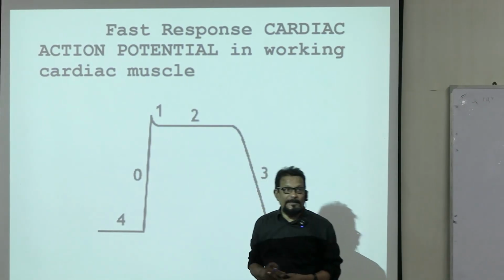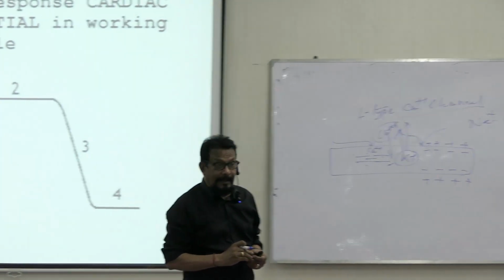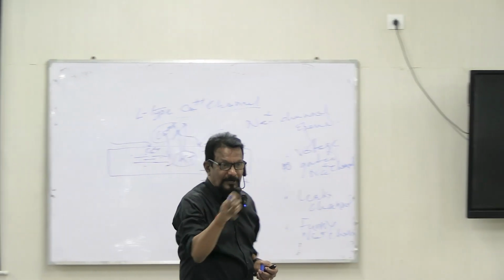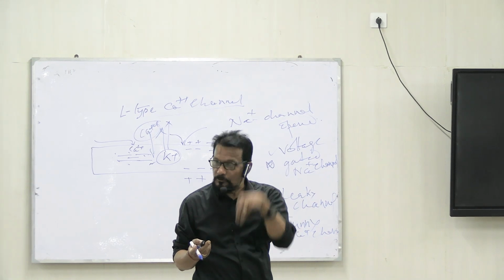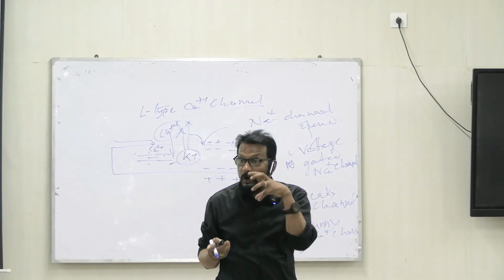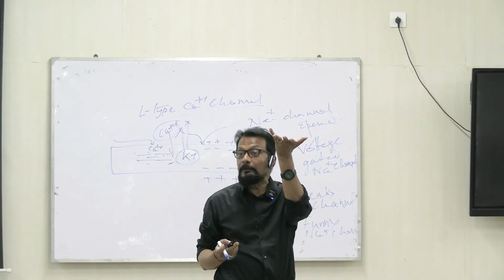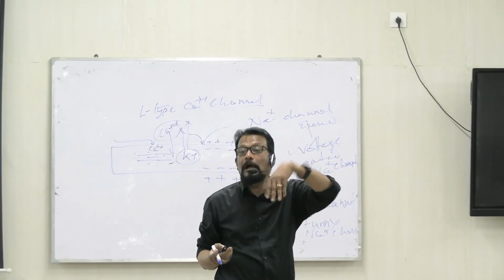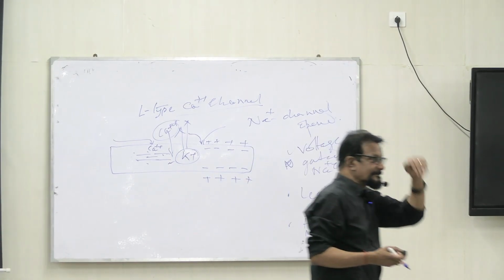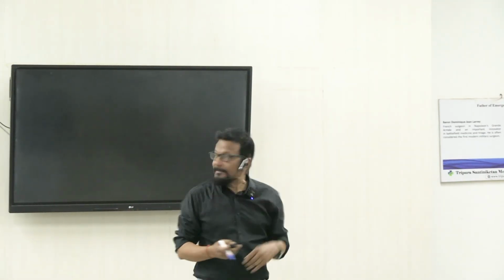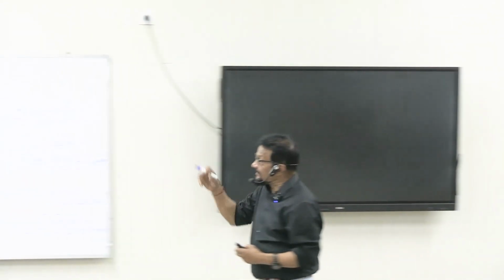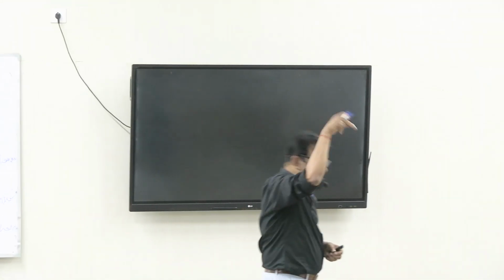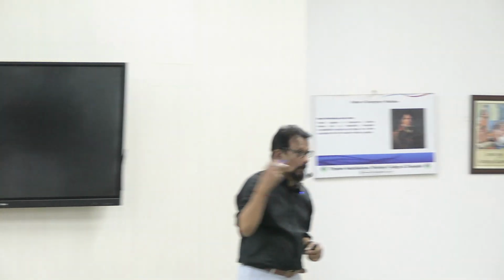Thereafter, what happens at this phase? The L-type calcium channel closes, but potassium channel remains open. Now no sodium or calcium ion is entering. Only potassium is going outside. As a result, the cell will become gradually negative. That means there will be repolarization. Change in potential towards negativity is called repolarization.